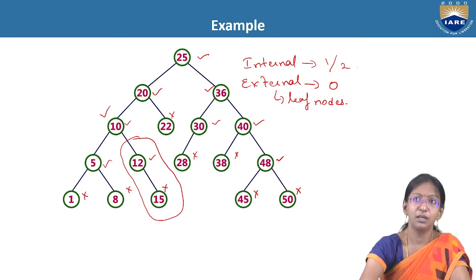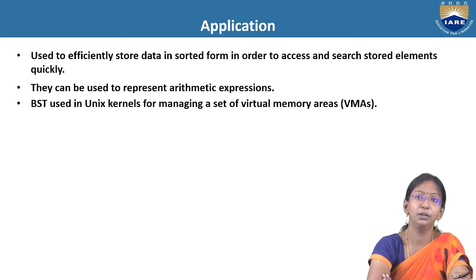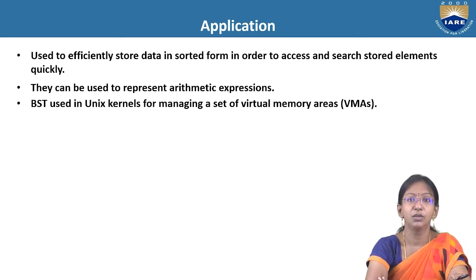By this, I hope you understood what a BST means first of all and what will be the nature of data in a BST, right? Then what are the basic applications? So as I said, the in-order traversal of BST gives you the data in ascending order.